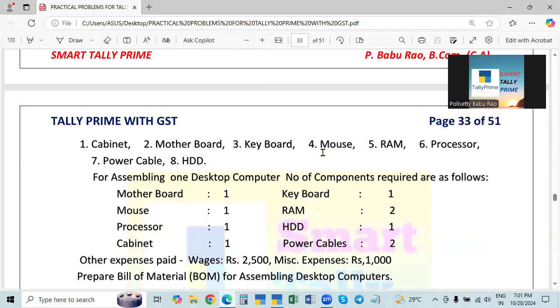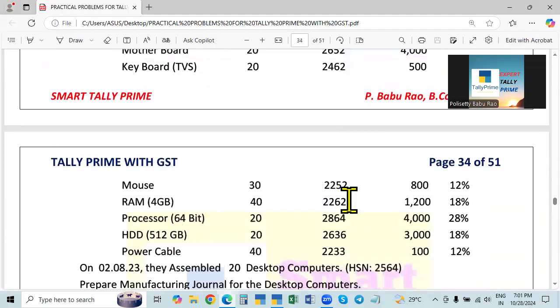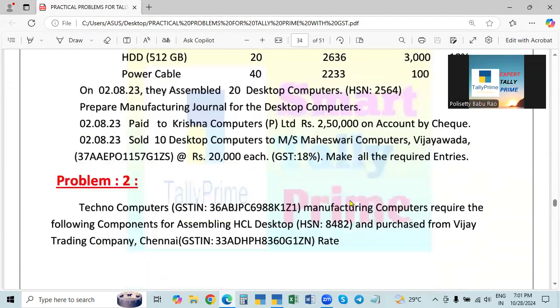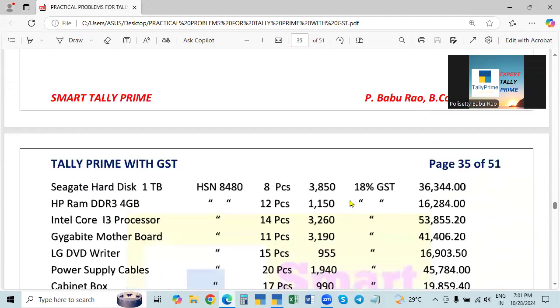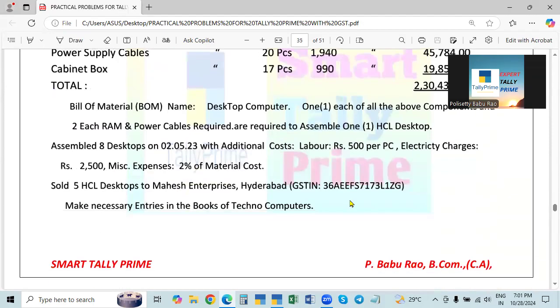The raw material unit is pieces or numbers, we are manufacturing in pieces and numbers only, and we sell also in pieces. That's all the finished goods in these two cases. The first one we did, the second one I asked you to do, so just pause the video and try that.